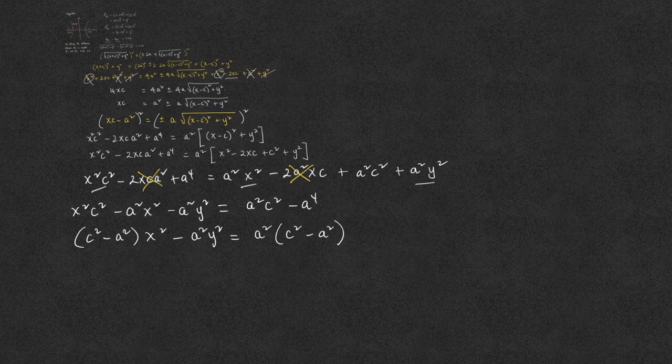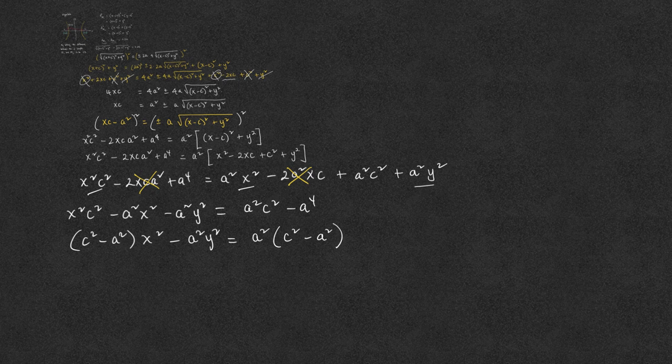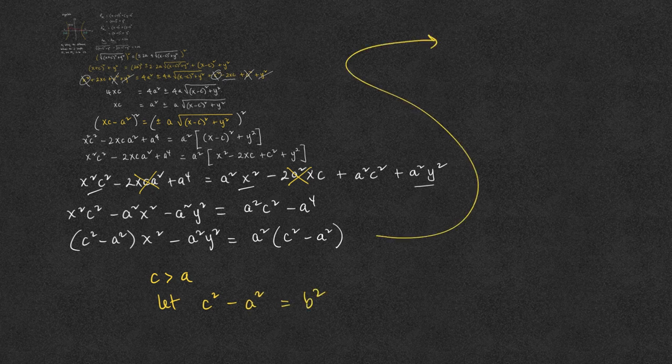At this point, if c is necessarily greater than a, we let c squared minus a squared be b squared. Then we rewrite these equations as b squared x squared minus a squared y squared equals a squared b squared.